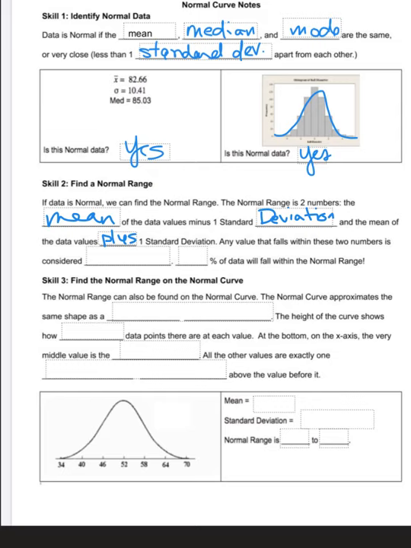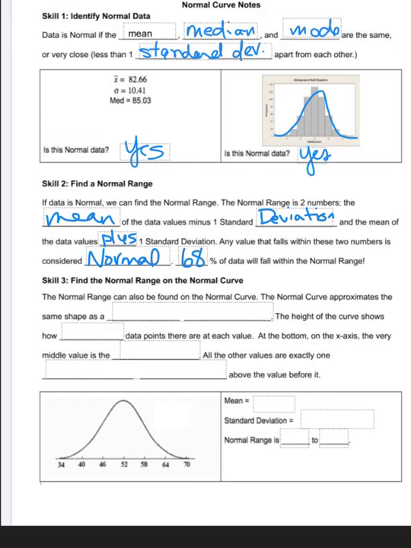So any values that fall within these 2 numbers is considered normal. And we cared about this because 68% of data will fall within the normal range. That's more than 2/3 of our data. So those are the things we did in the past.